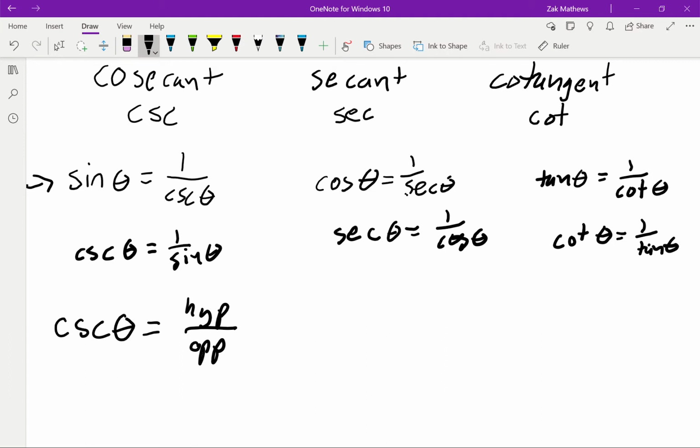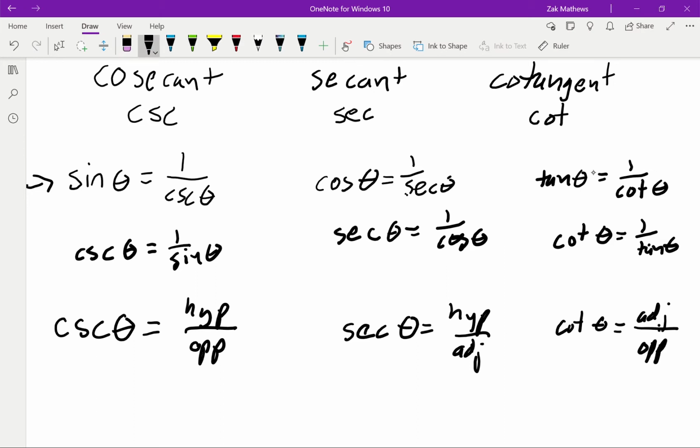It's just they're doing it in an opposite way that the sine, cosine, and tangent did. So cosecant would be hypotenuse over opposite. Secant would be equal to the hypotenuse over the adjacent, and then the cotangent of theta is equal to the hypotenuse, so it's not at all, the adjacent over the opposite.